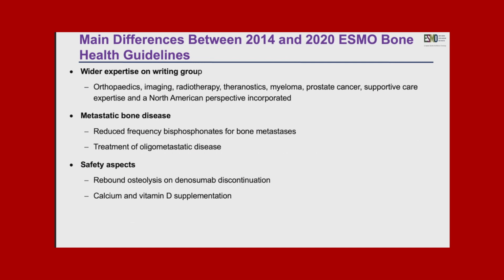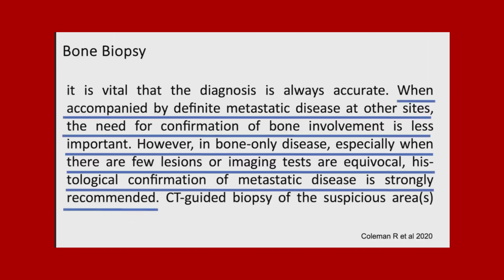The second novelty is the reduced frequency of bisphosphonates in the treatment of bone metastasis and oligometastatic disease. The third aspect is safety. We have to talk about the rebound osteolysis when denosumab is discontinued. This is very important because it can increase the risk of skeletal-related events or of osteoporotic fracture, and the supplementation by calcium and vitamin D.